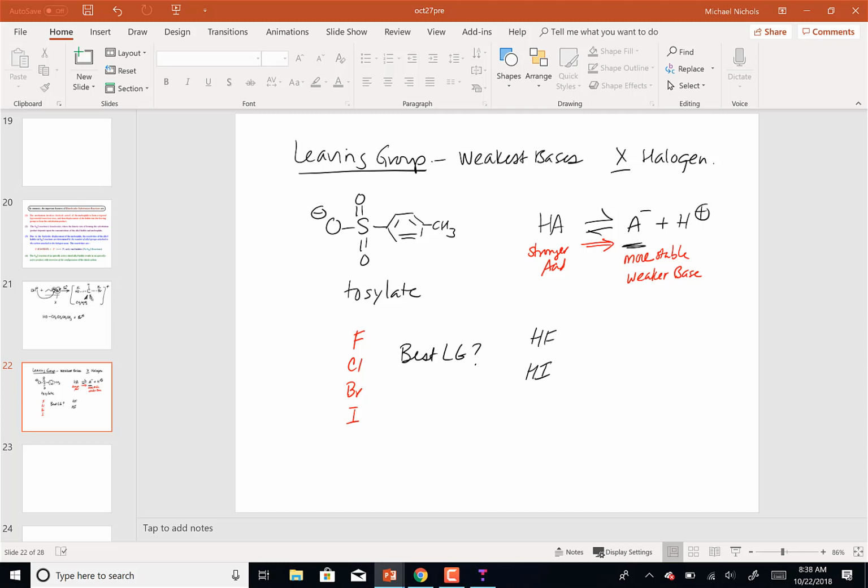Strongest acid. How many people say HF? Your hand went down really quick. Yeah, but you can't be influenced by peer pressure. HI. Is HI the strongest acid? And others didn't vote?